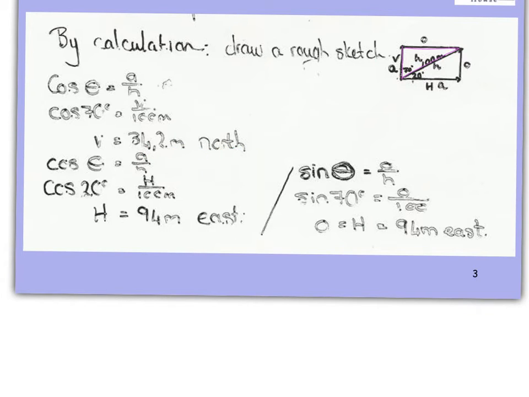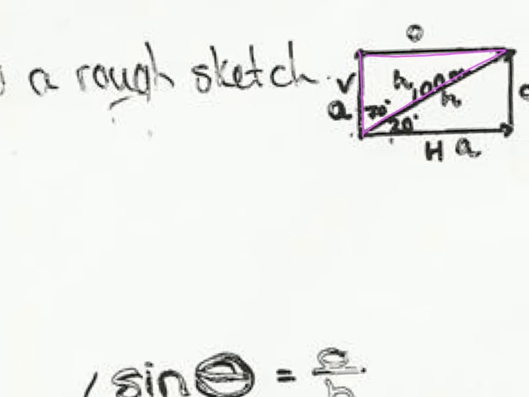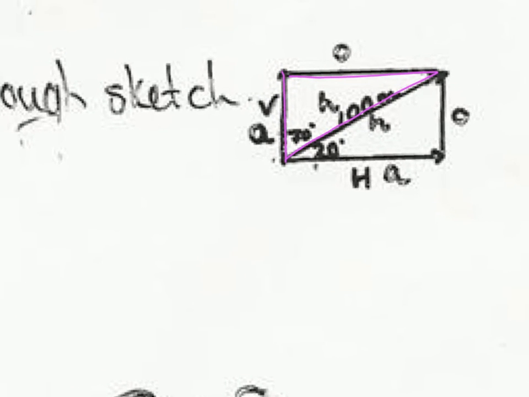When I am trying to find the opposite, which is exactly the same, I like to work in the same triangle. Some people like to work first by saying, okay, well, if this angle over here is 70 degrees, this angle over here must be 20 degrees. And then they use cos, because the horizontal component is the adjacent in the bottom triangle. I personally prefer to just work out what is the opposite in the triangle I was working in before.